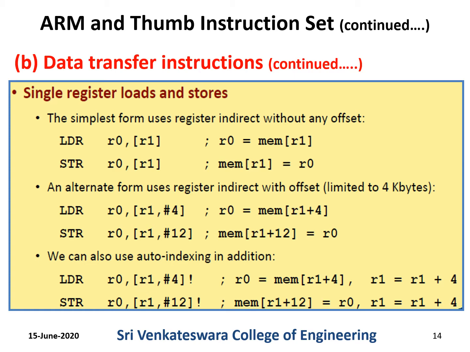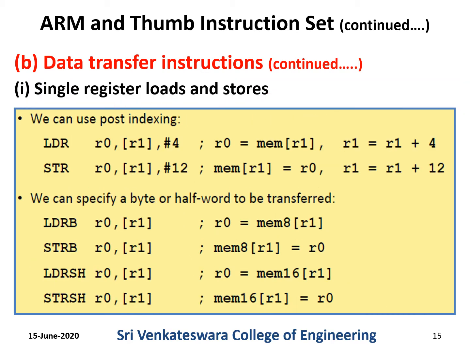So the register which is used for indirect addressing gets modified in the auto indexing method, whereas using the offset method, the immediate operand value is locally added to the register indirect address value, and that is used for either load or store operation.